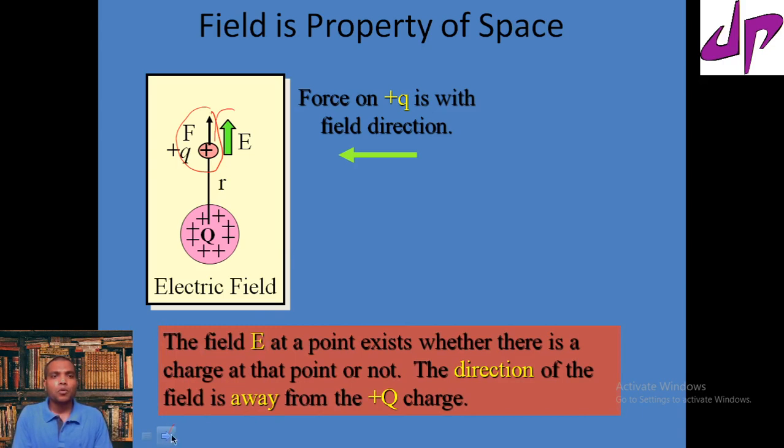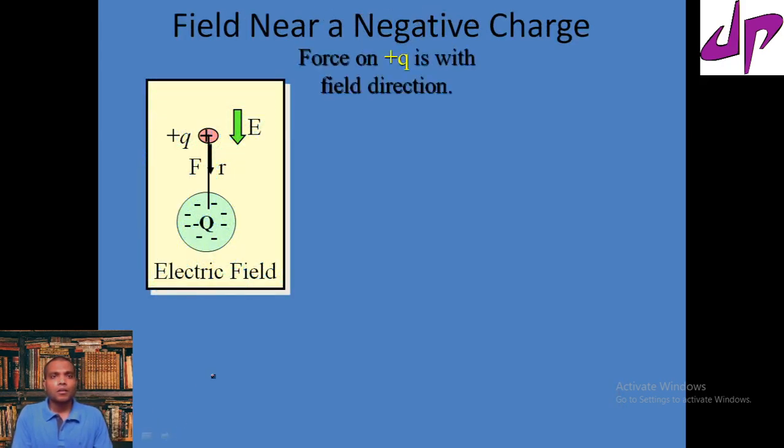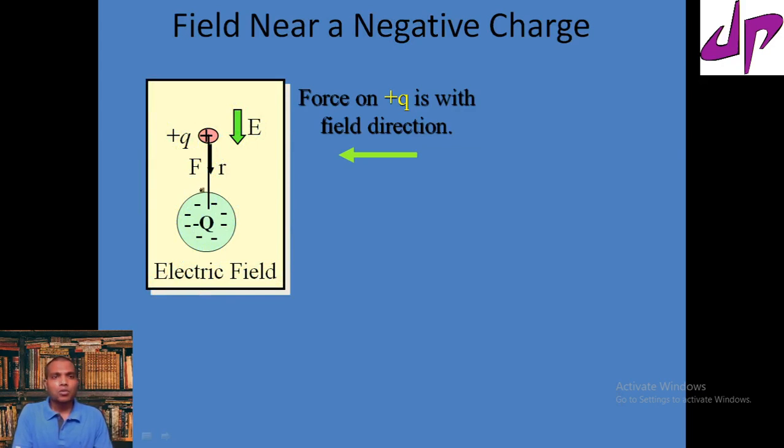Suppose we take a negative source charge. In this case the source charge is negative but the test charge is positive. We cannot change the test charge because it's the convention we are following. Since the test charge is positive and the source charge is negative, the force will act downwards because the positive wants to attract the negative.